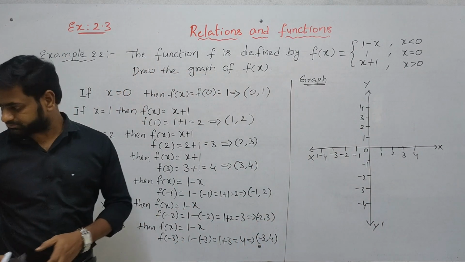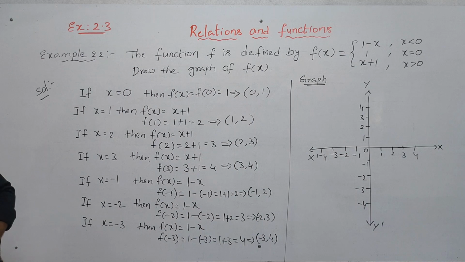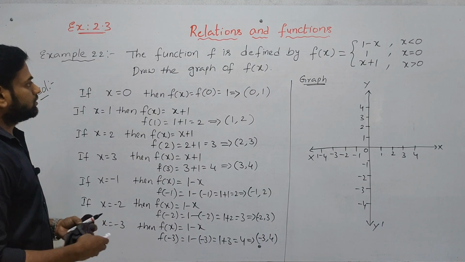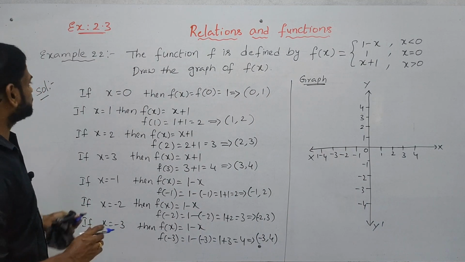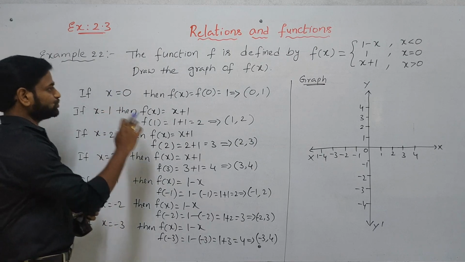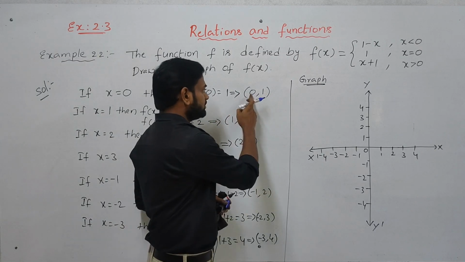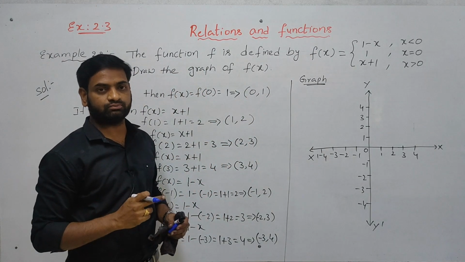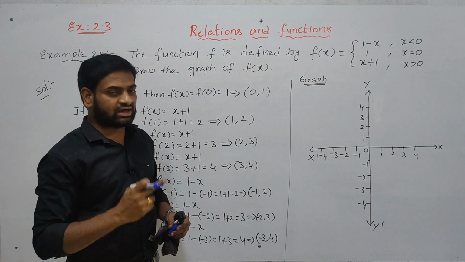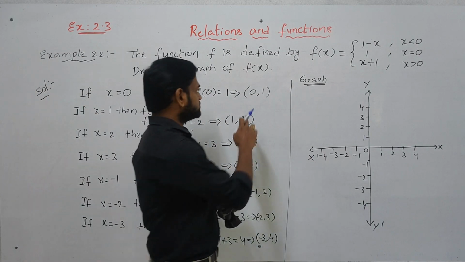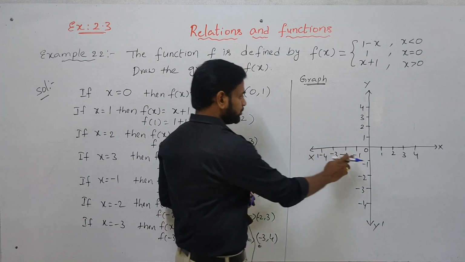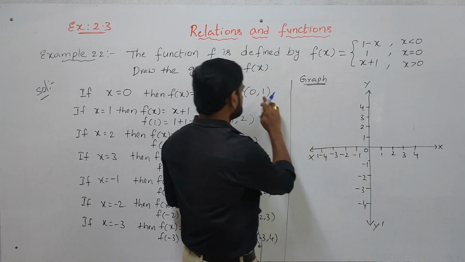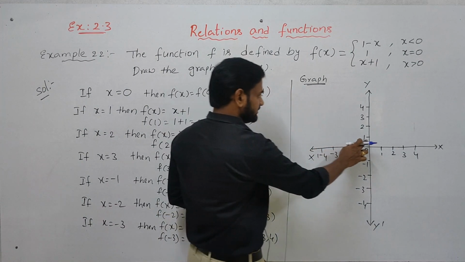Now see, first one is when x is 0, 0 comma 1. So first value is x value. Next, second value is y value. So on the x-axis 0 here. Next on the y-axis 1 here.